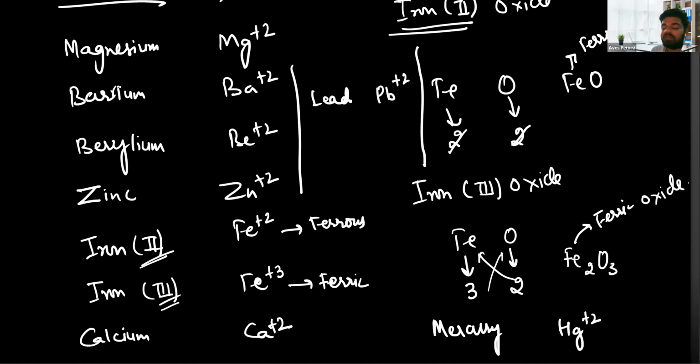Depending on the electrons they lose, they acquire the charge. You will learn that when you learn more chemistry in higher classes. For now, you just need to memorize this. This is an important topic. Should I move forward? No, sir, let me write it down. Note it down.